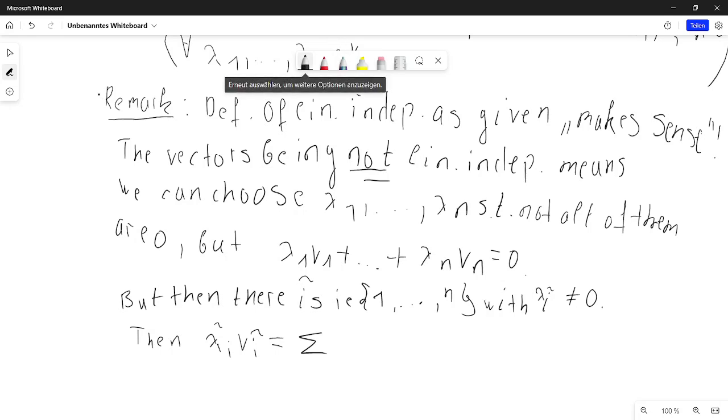So i is not equal to i tilde, that is, summing over all of 1 to n, but omitting the index i tilde.